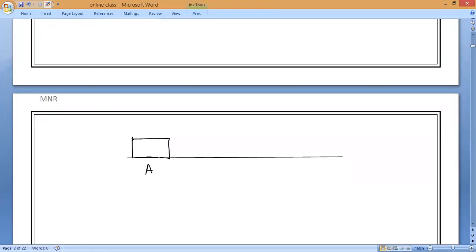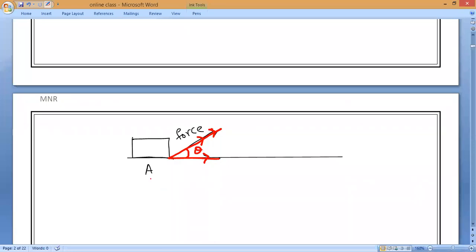Now I am applying the force in such a way, just pulling, with some angle. So this is the direction of motion. Is it right or wrong, everybody? This is the direction of motion and this is the direction of applied force, and this is the angle between them.